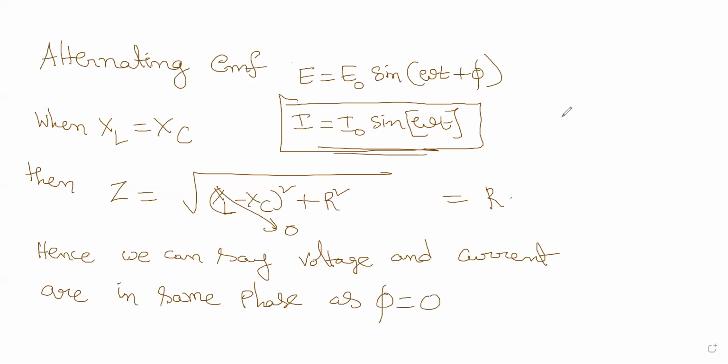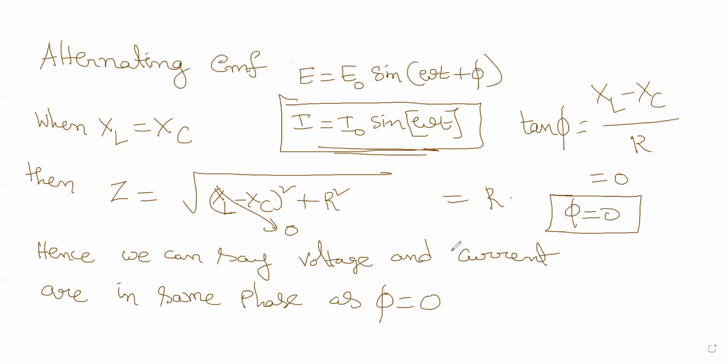Why is phi equal to 0? You see this. Tan phi, we got a formula, XL minus XC divided by R. If XL is equal to XC, tan phi value is 0. So phi value is 0. So since phi is 0, the phase difference is 0. Voltage and current are in the same phase.